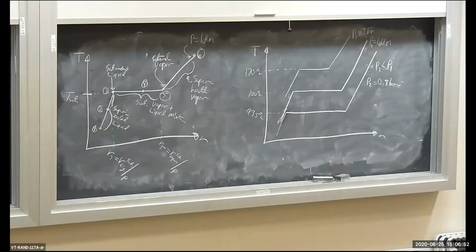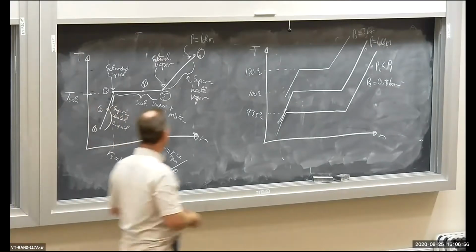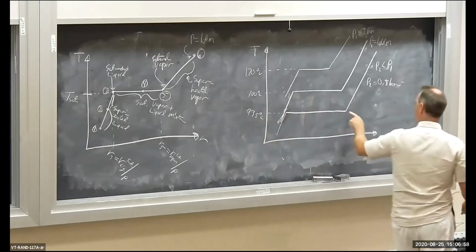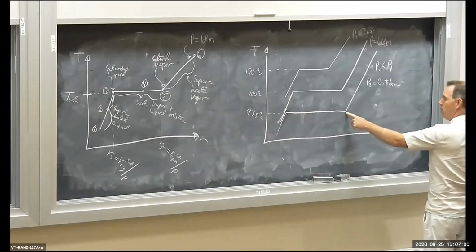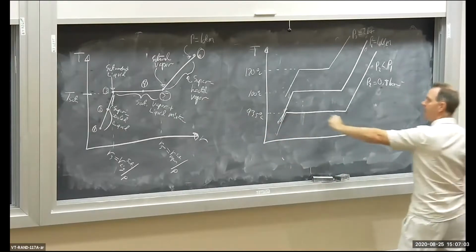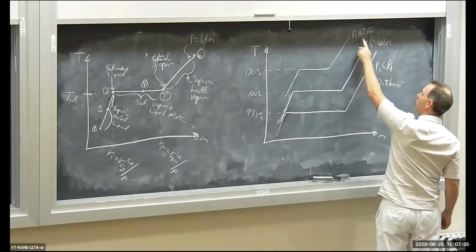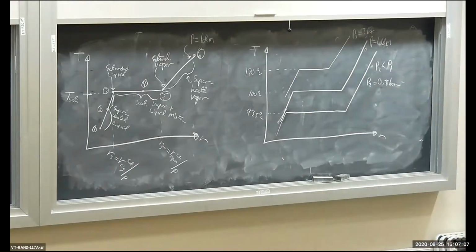All I did is add in the 93.5 degrees C, which corresponds to the 0.8 bar isobar, and the 120 degrees C, which corresponds to the 2 bar isobar as well.